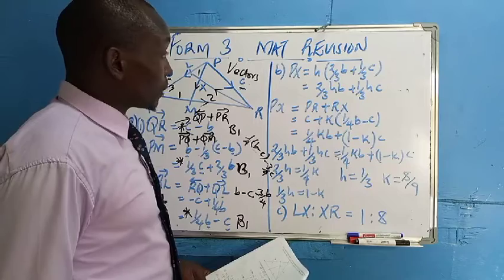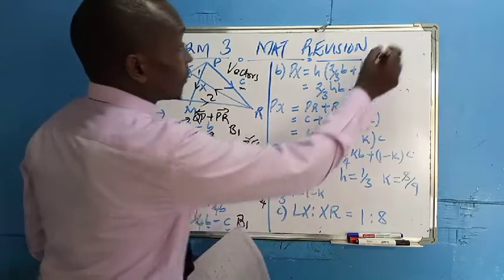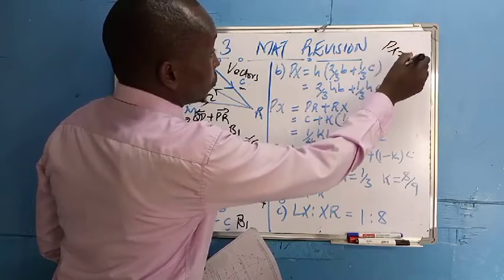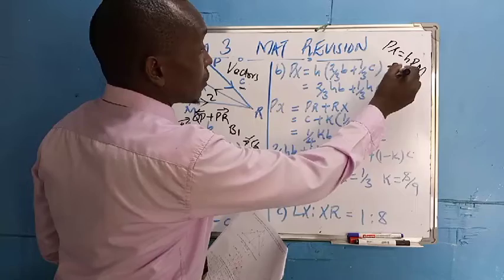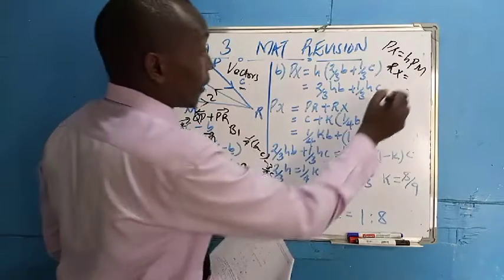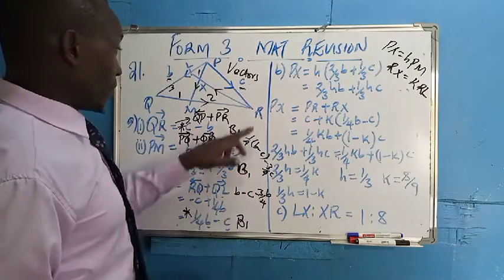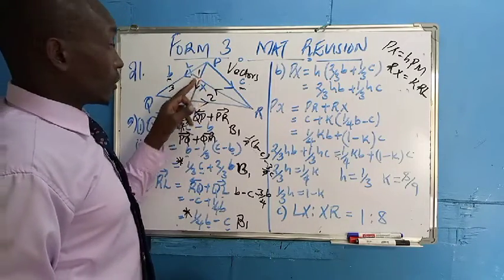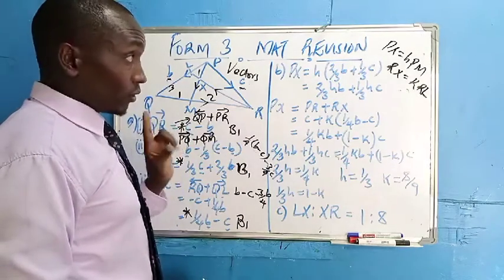Moving on to part B, you are given that PX is H of PM, and you're also given that RX is K of RL. You can see that PX is H of PM. That means H is a proper fraction, a constant.